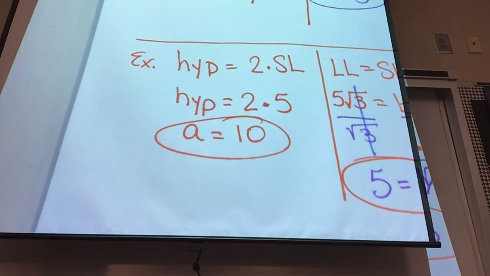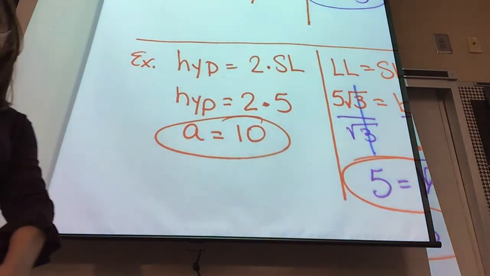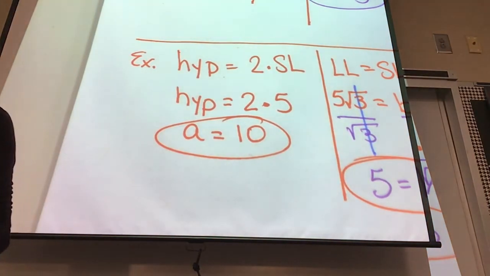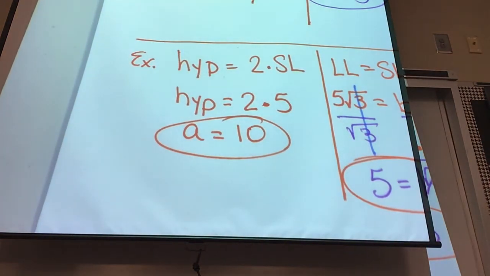Okay. I do not have time to do 45, 45, 90 because 45, 45, 90 has a completely different set of formulas. Actually, I think it only has one formula. So wherever my paper is hiding. There it is.